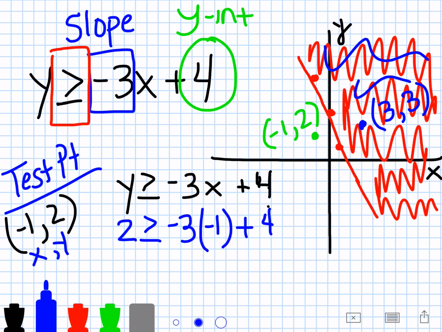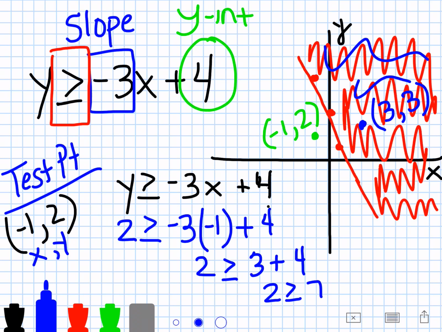Now I'm just going to solve this out. So 2 is greater than or equal to negative 3 times negative 1 will give you a positive 3 plus 4. And that's going to leave you with 2 is greater than or equal to 3 plus 4, which will give you 7. Well, is 2 greater than 7?